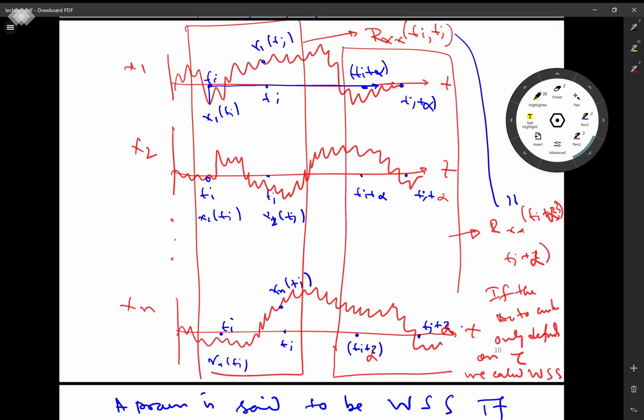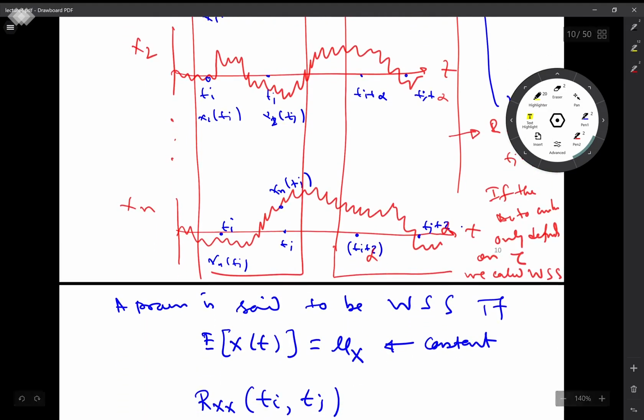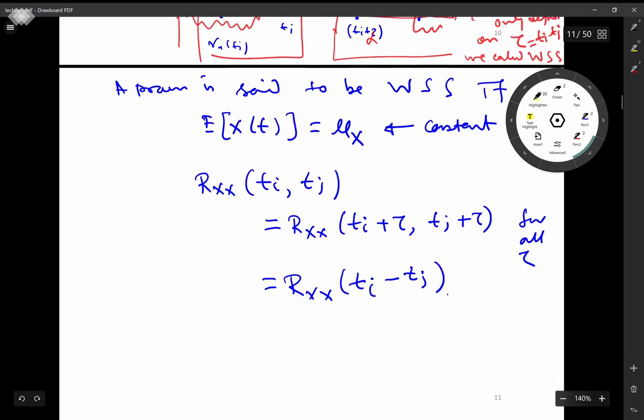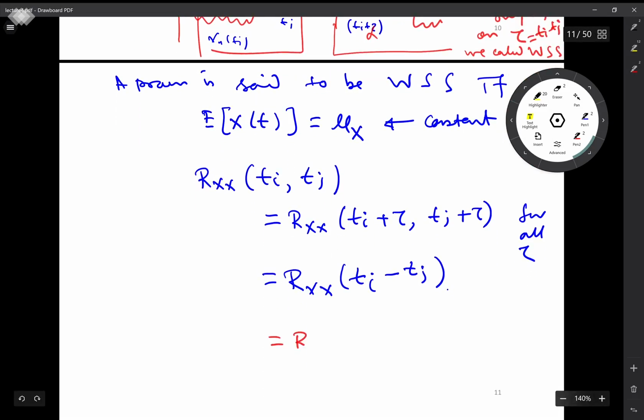If the autocorrelation function depends on tau equal to ti minus tj, we call it WSS. So Rxx ti minus tj will equal Rxx tau.